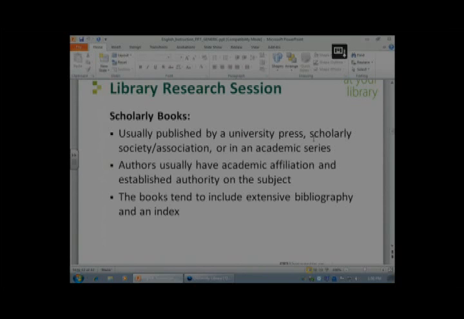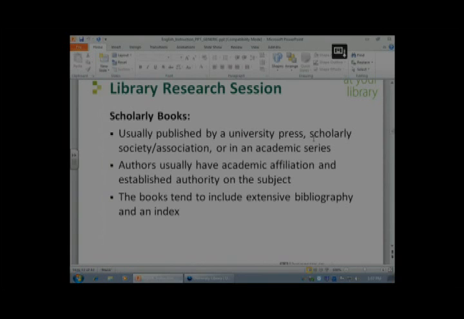If you're publishing books, by the time you've got 2 or 3 books out, assuming you're writing on the same subject matter, say 2 or 3 books on Shakespeare, 2 or 3 books on Mark Twain, and maybe even, heaven forbid, 2 or 3 specifically on a novel like Huckleberry Finn, you're pretty much an established authority on that subject. So if you've got somebody writing books on a particular subject and you find that academic affiliation, and you follow it up by having a quick look to see if there's a university press or something similar, you've got a fairly high quality academic work usually.